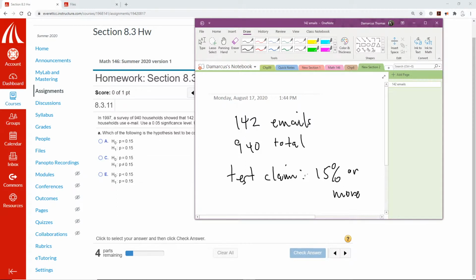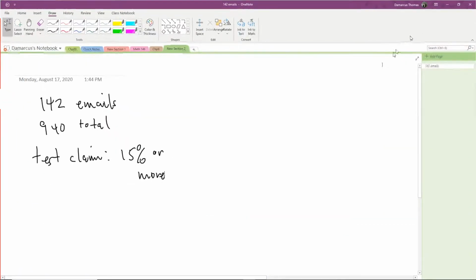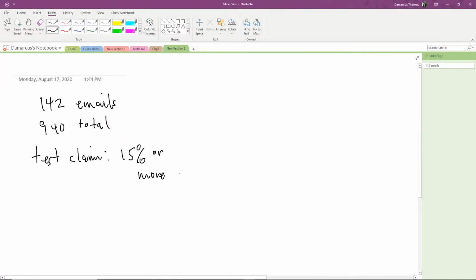So we're going to test the claim that 15% or more of households use email.